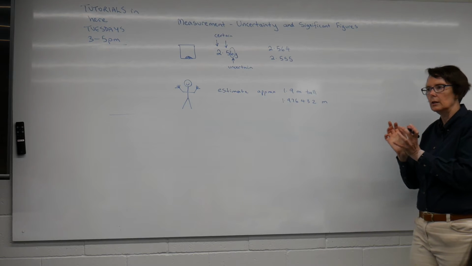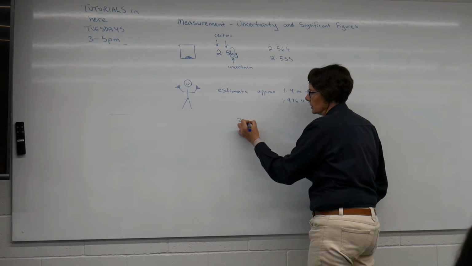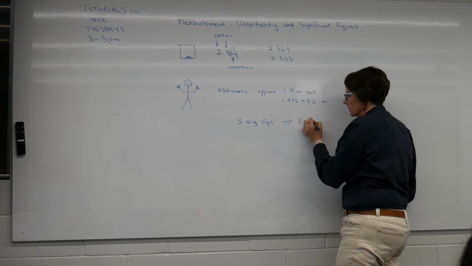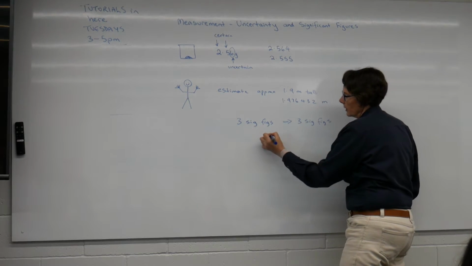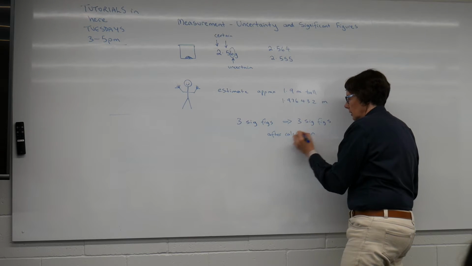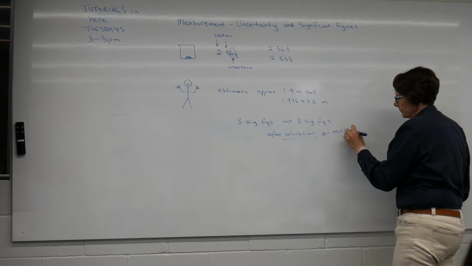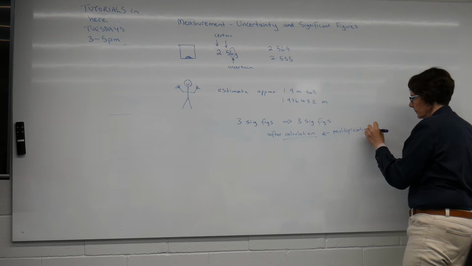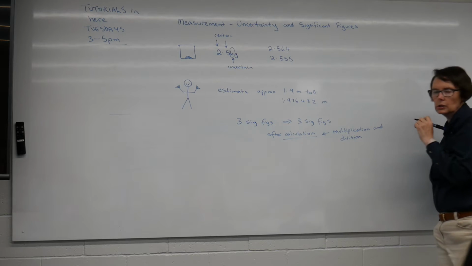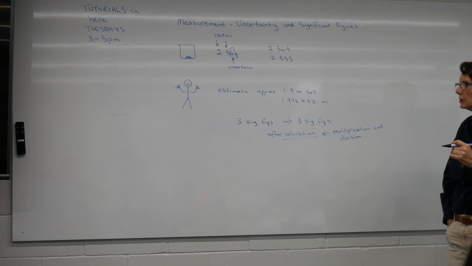And we compare, and just say in our question all of the values were to 3 sig figs, then our answer must be to 3 sig figs after our calculation, as long as we are multiplying or dividing. Okay, so we use significant figures for multiplication and division, which most of our calculations are.